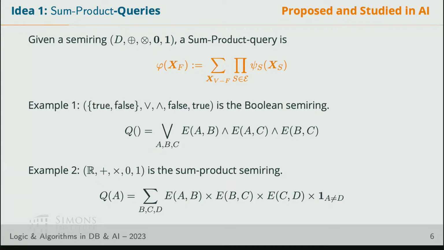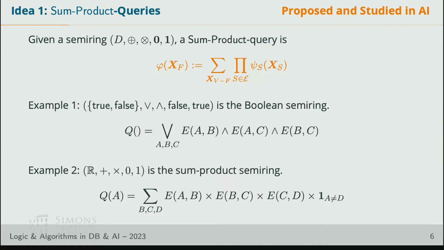Here, I intentionally put a group by variable in front. So for every A, we are counting the number of BCDs for which you can go from A 3 steps away, so that the last variable is different from A. But you can vary this, with different free variables, with different bound variables, and formulate very different problems this way.